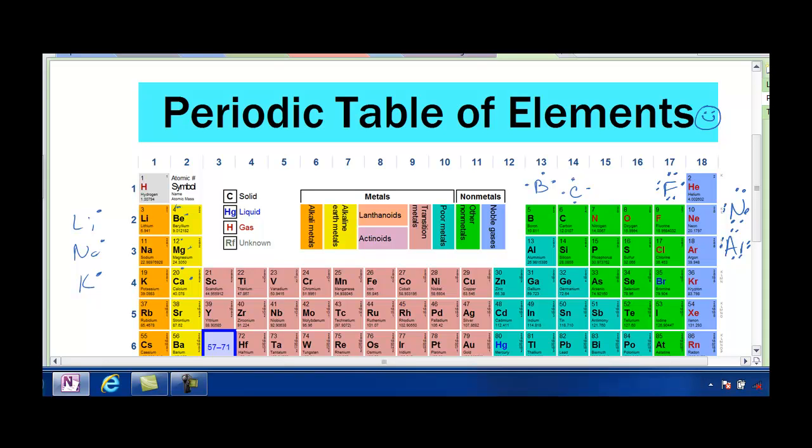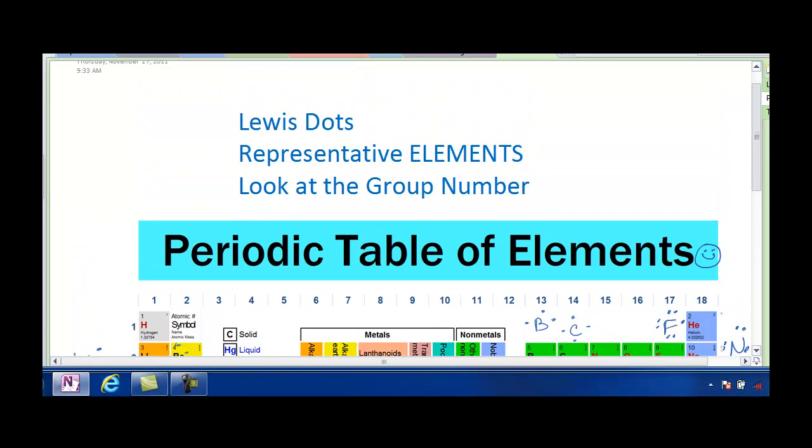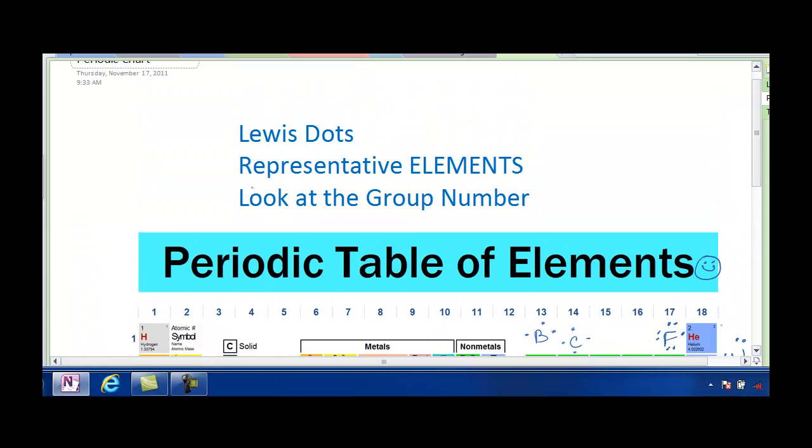Okay, so the number of dots for representative elements, we look at the group number, and the dots is equal to the valence electrons, which is the group number. Group 1, 1 dot. Group 2, 2 dots. Group 3, 3 dots. That's step 1.